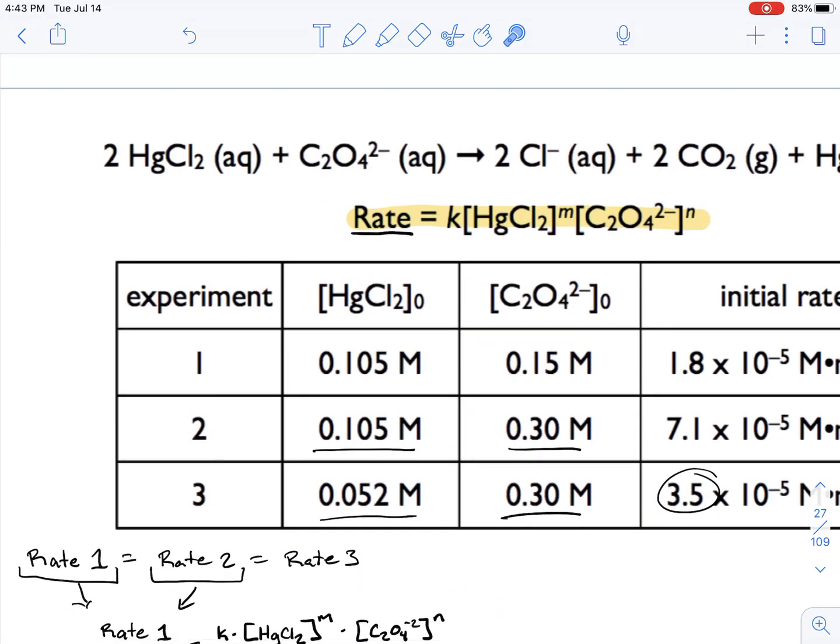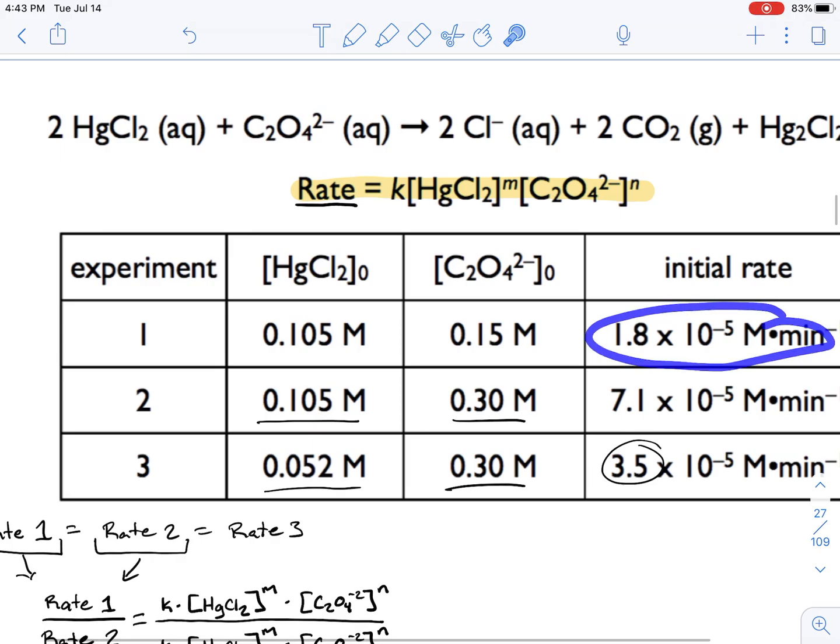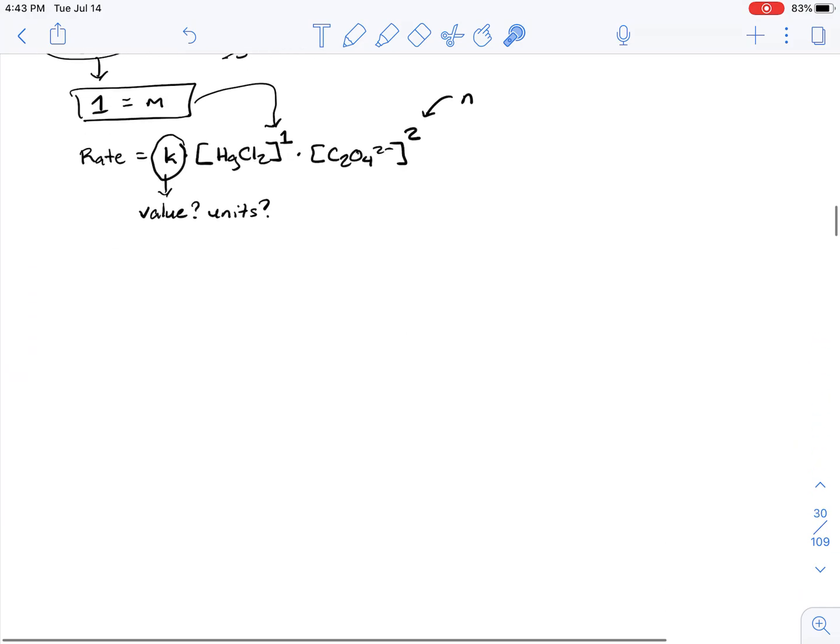So in other words, I'm going to plug in 0.105 for mercury 2 chloride and 0.15 for oxalate. And the initial rate that I'm going to be using is 1.8 times 10 to the negative 5. Okay.